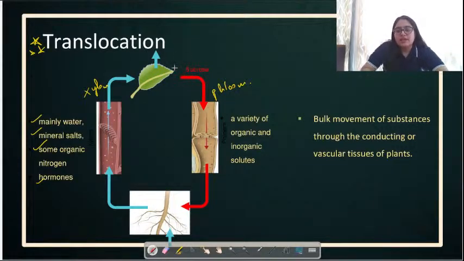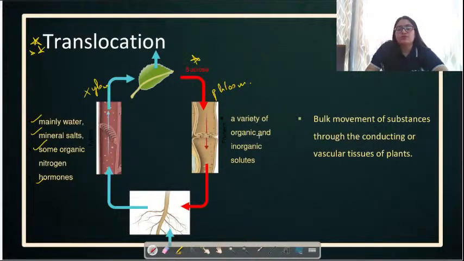Now, similarly, sucrose that is produced during photosynthesis in leaf will be transported to the root and other plant parts as well with the help of phloem, with the help of bulk flow or mass flow. And in this phloem, what will flow?